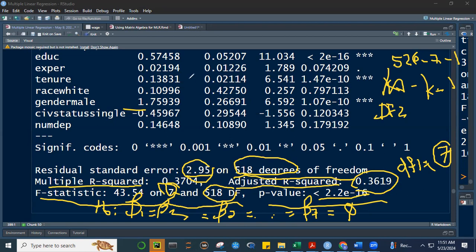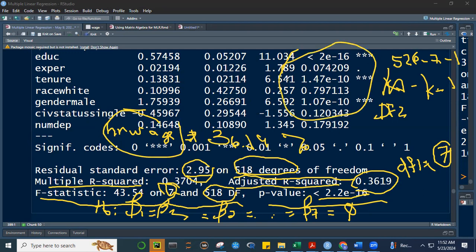It means that the variability, the variance of hourly wage, which is our response variable, our dependent variable, 36.2%, 0.19% of the variance of the variability of hourly wage can be explained by this model. We can explain 36.2% of the variability of hourly wage.